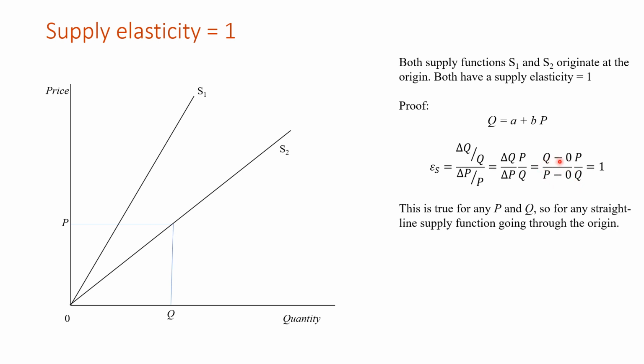I don't have this very clear, you have to see that there's a demarcation here. So it's Q minus 0 over P minus 0, which is Q over P, times P over Q, and that's equal to 1 always. This is true for any P and Q, so for any straight line supply function going through the origin, the supply elasticity is equal to 1.